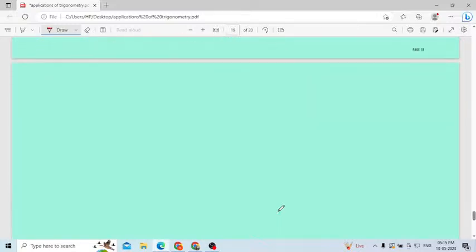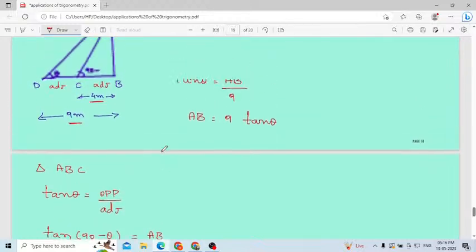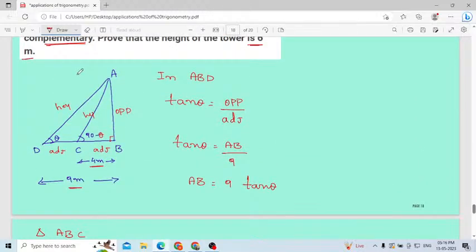Consider one more triangle now, triangle ABC, the smaller one. Tan of the complementary angle, 90 minus theta, will be opposite divided by adjacent.